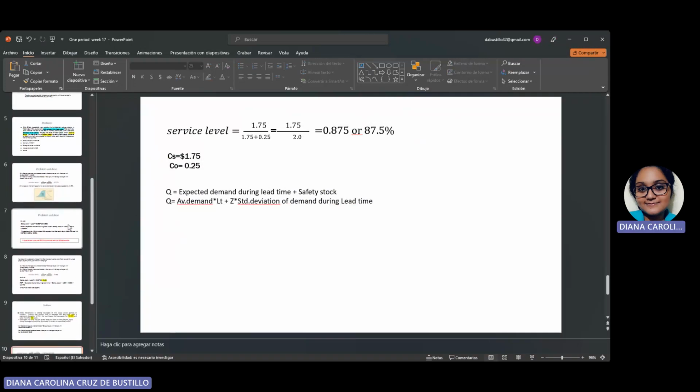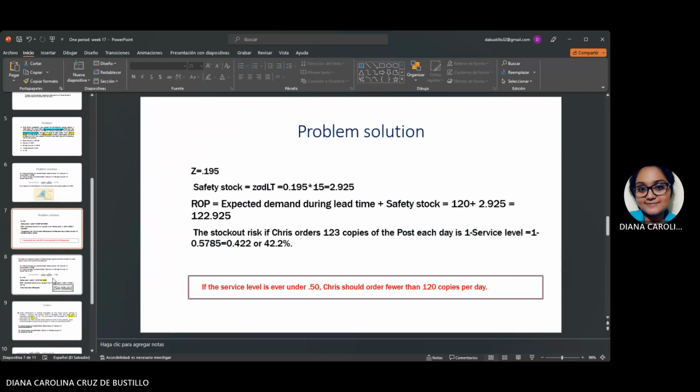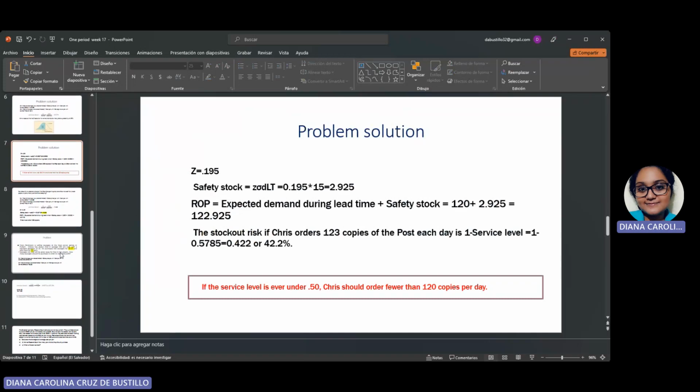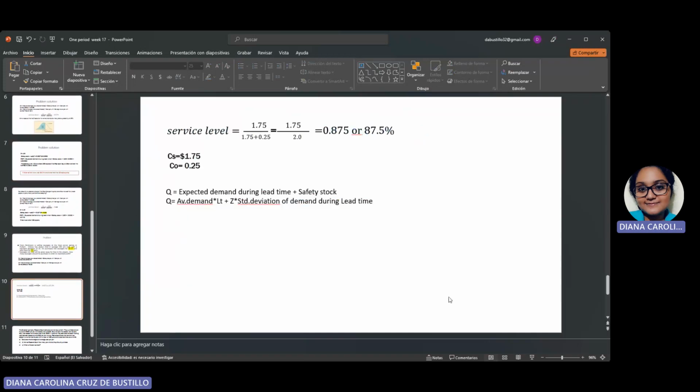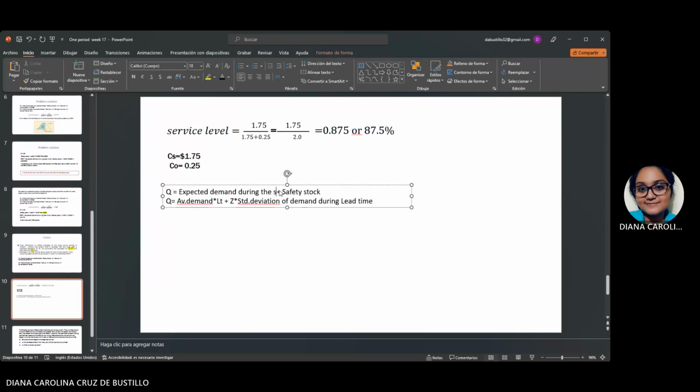Now, I'm going to be a little bit more specific. I'm going to change this and name it the expected demand during the season.